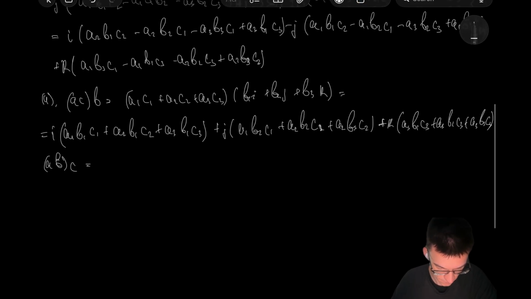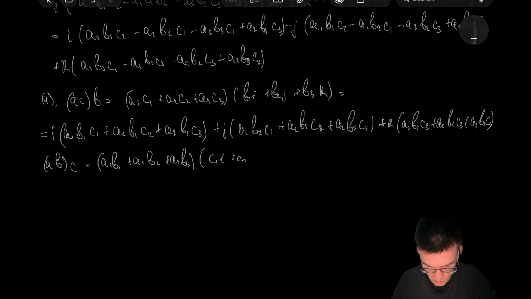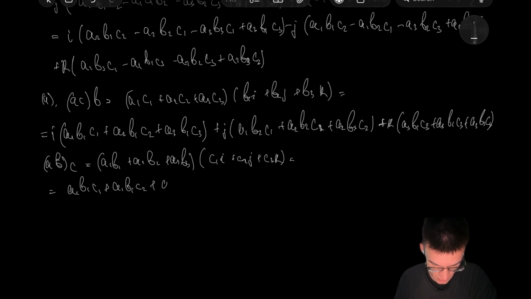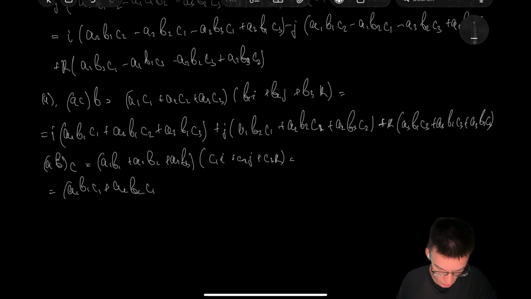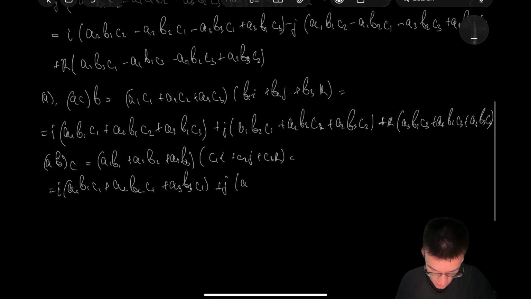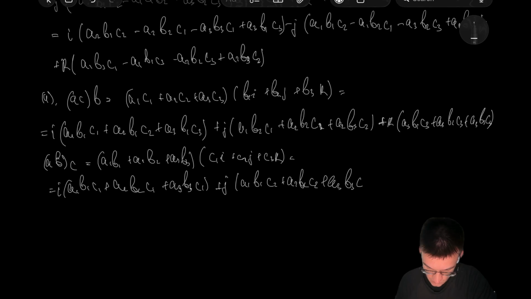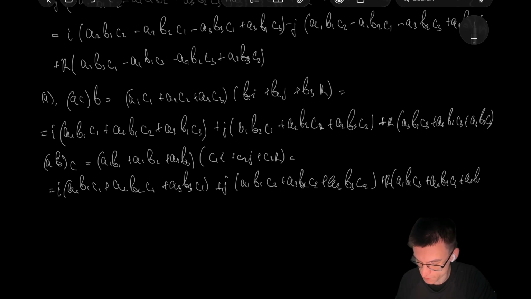It is essentially (A1 B1 plus A2 B2 plus A3 B3), multiplied by the vector C1 i plus C2 j plus C3 k, which can be rewritten as, wait a second: (A1 B1 C1 plus A2 B2 C1 plus A3 B3 C1) i, plus j (A1 B1 C2 plus A2 B2 C2 plus A3 B3 C2), and plus k (A1 B1 C3 plus A2 B2 C3 plus A3 B3 C3).